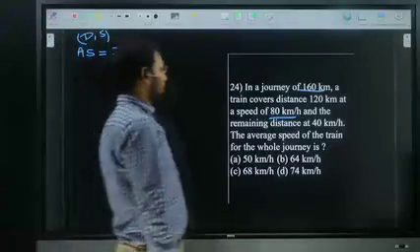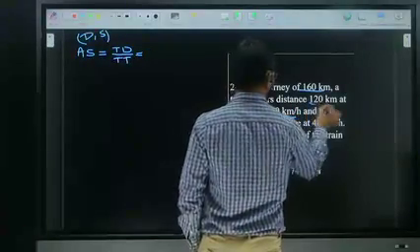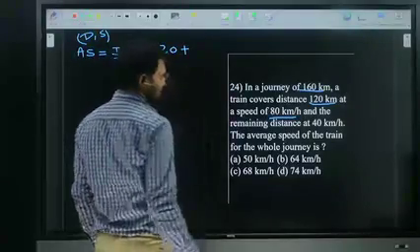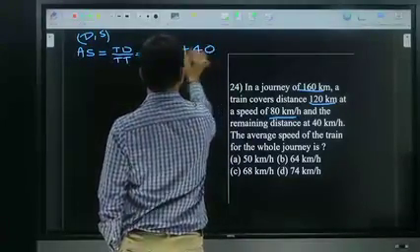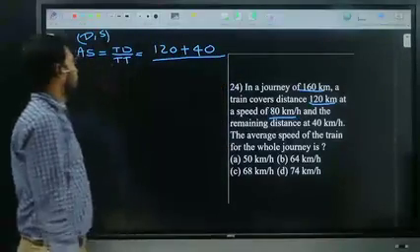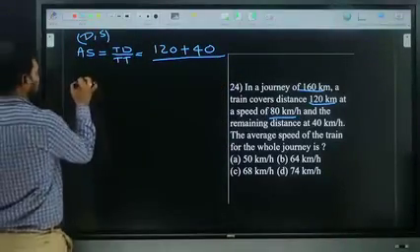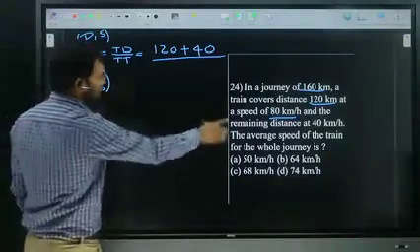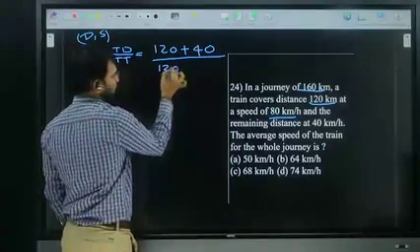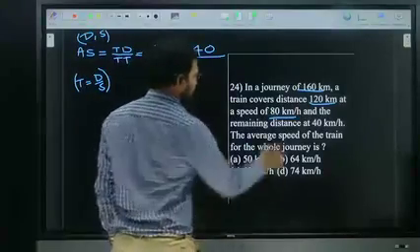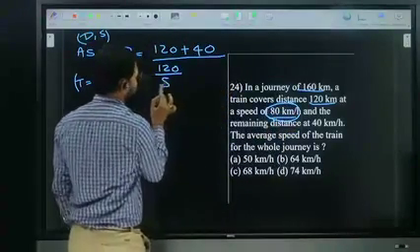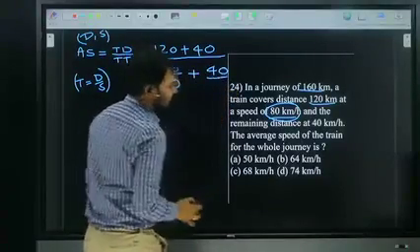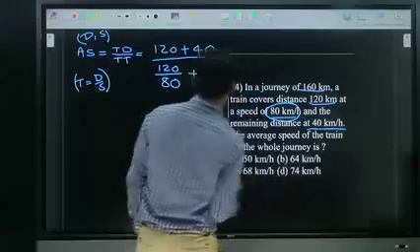So the total distance is 160, the first part distance is 120, and the remaining distance is 40. Now I need time. How to find time? Time is distance by speed. First part distance is 120 at the rate of 80 km per hour, plus the remaining 40 at the rate of 40 km per hour.